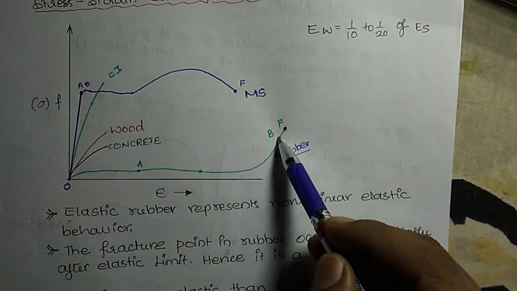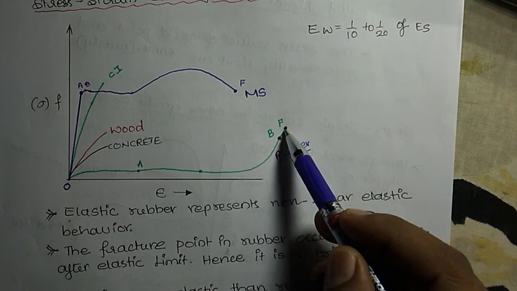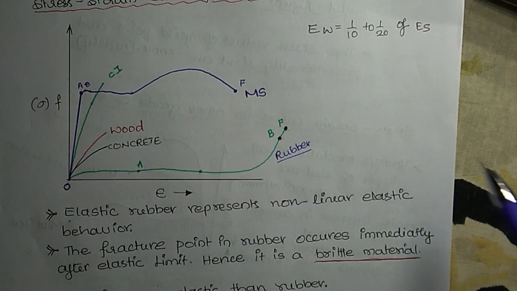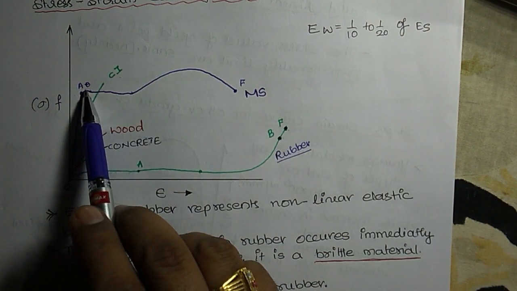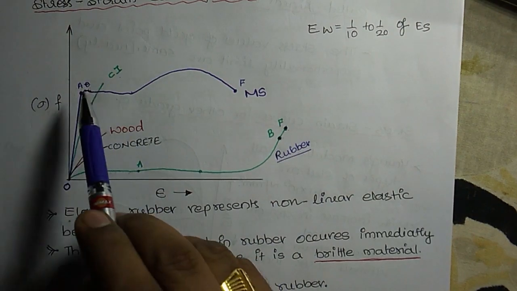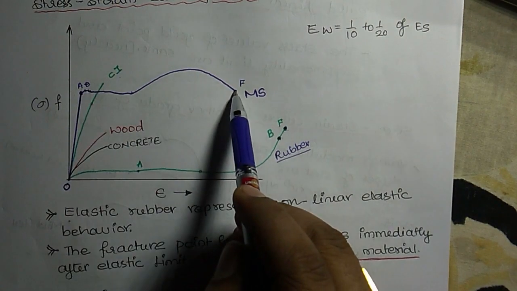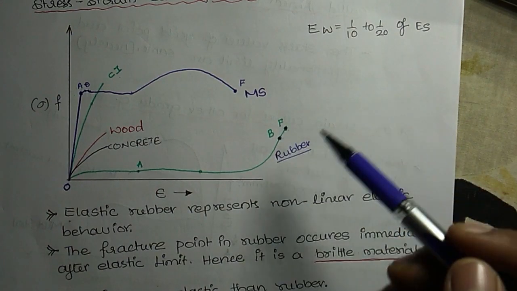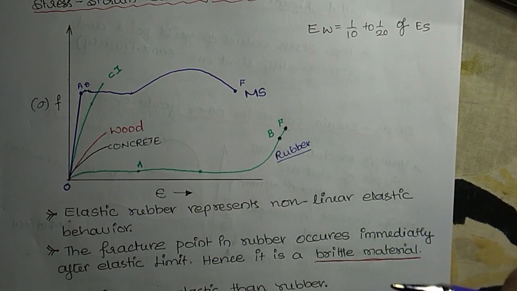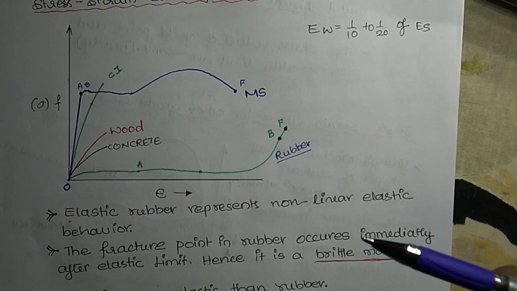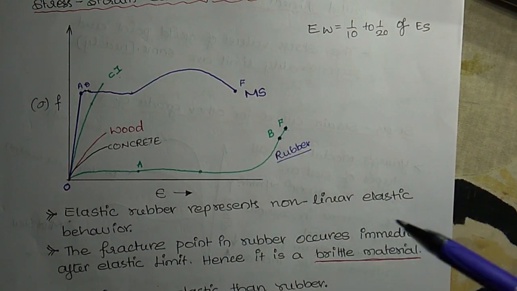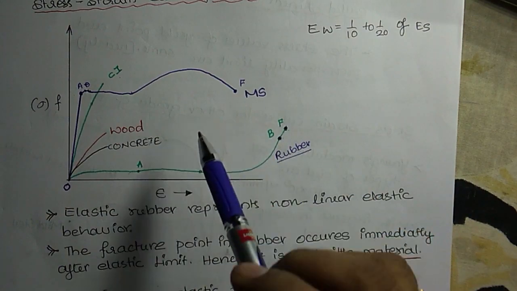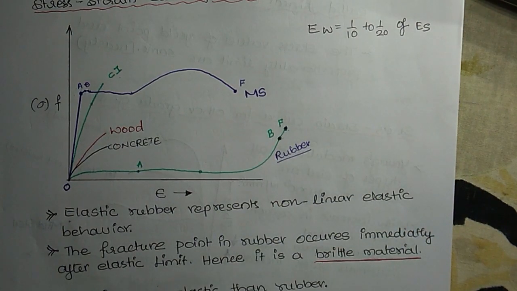Since after the elastic limit there is a small distance, the rubber is going to break, whereas in case of mild steel, from the elastic limit up to the fracture you will get nearly 30 to 40 times the increase in length, or 40% increase in length. Hence you can say steel is more elastic than rubber. This is the main point you should note down.